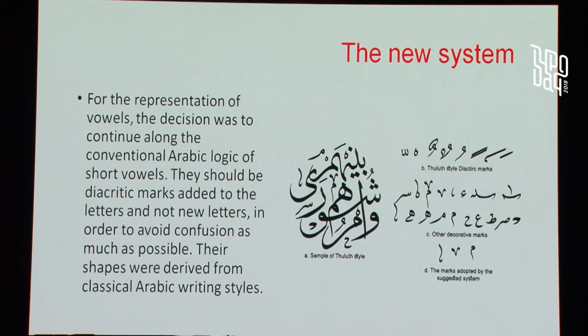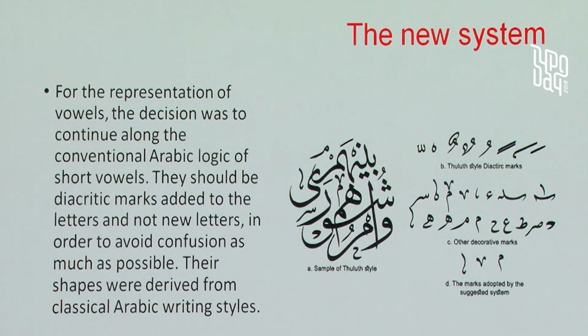This system, the new vowels, for example, the new vowels we took, we suggested to go to the original Arabic writing system, and this is the thuluth, one of the most respected scripts in Arabic. They use the diacritic marks I talked about, which are فتحة ضمة كسرة شدة, the developed parts of them.